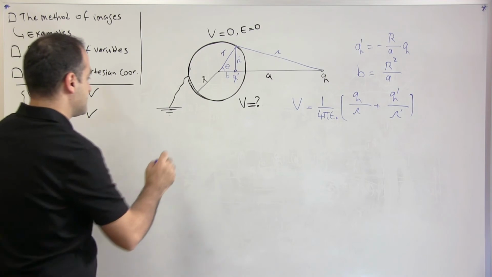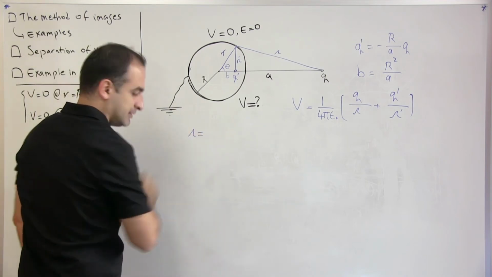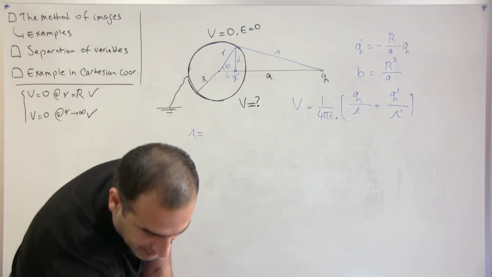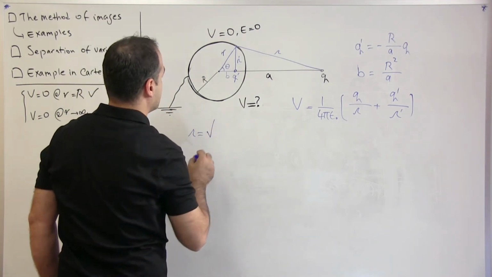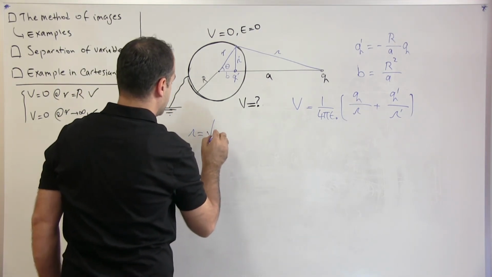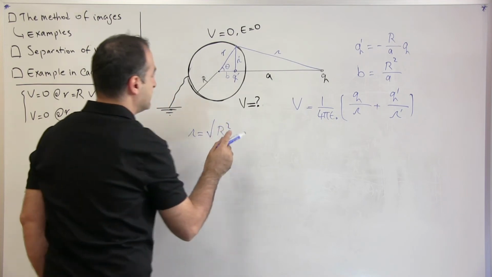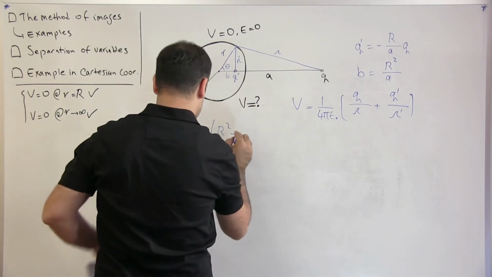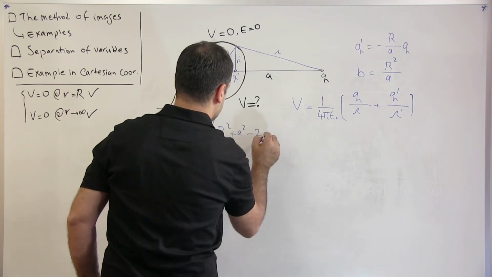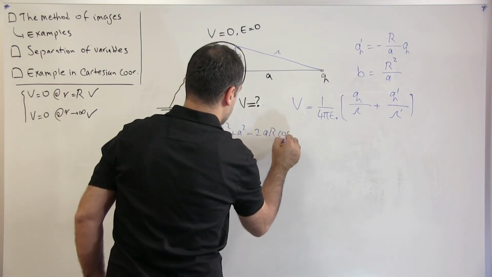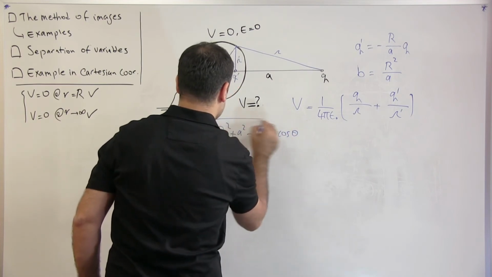So R is basically a square root of R squared plus A squared minus 2AR cosine theta.